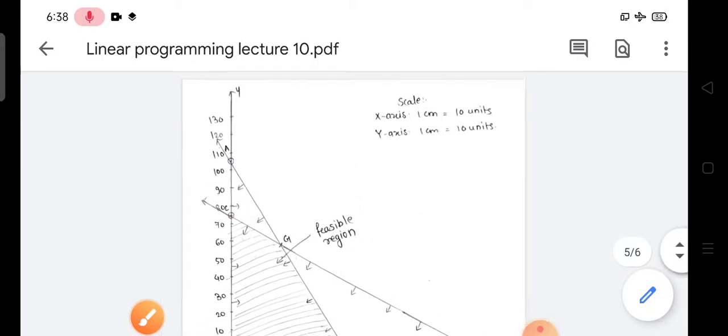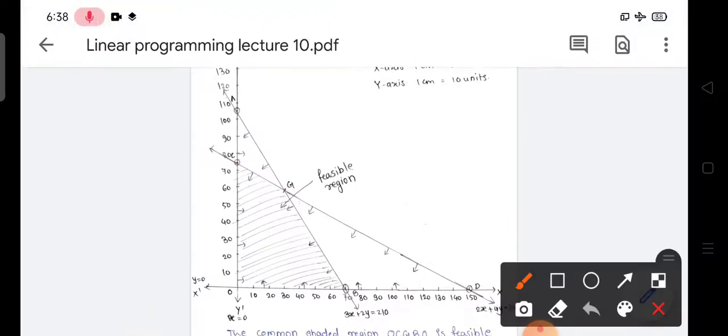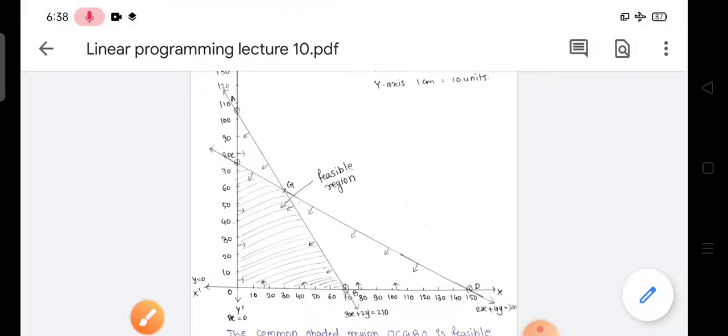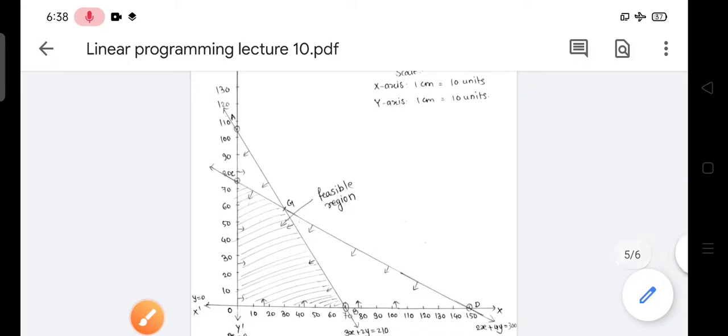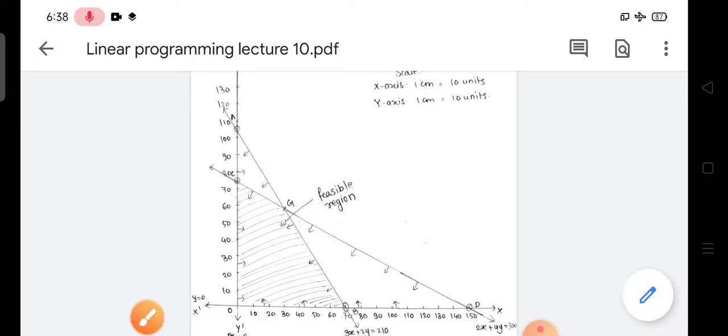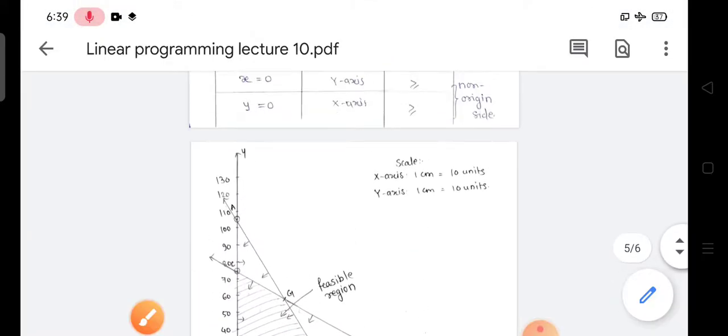Okay, so here we plotted the points 10 to 150, 10 to 150. X-axis means y equals 0. Y-axis means x equals 0. Okay, draw the first line.